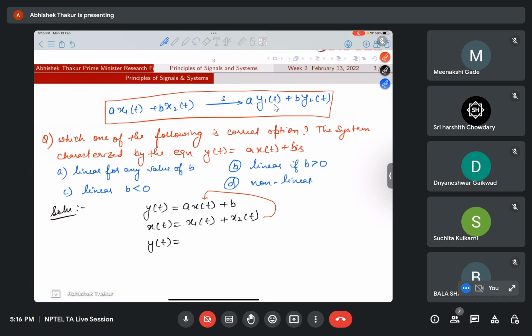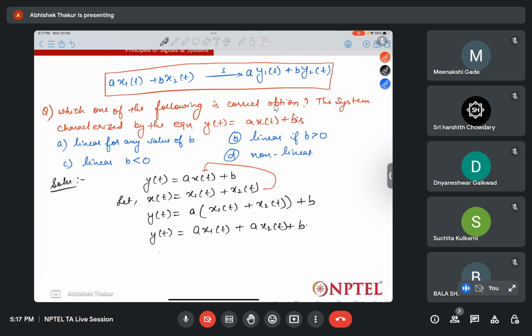So here y(t) is equal to a times x1(t) plus x2(t), plus b. So this will be a x1(t) plus a x2(t) plus b.